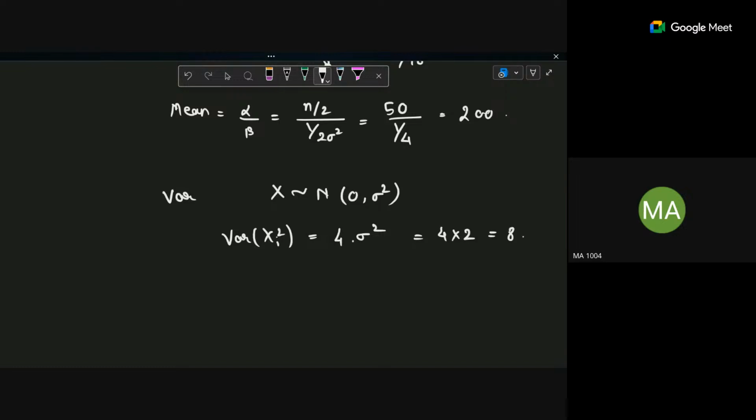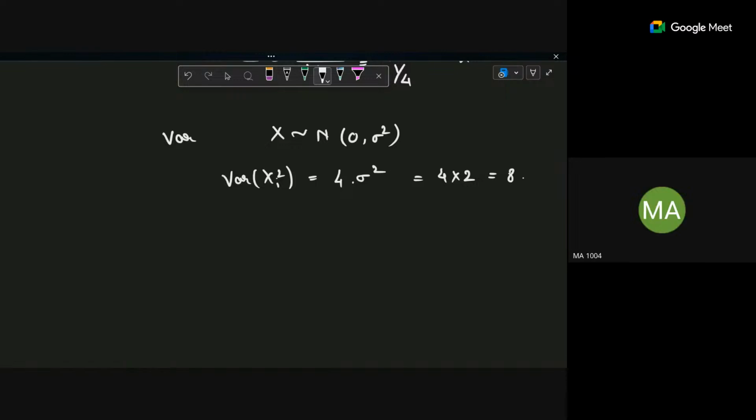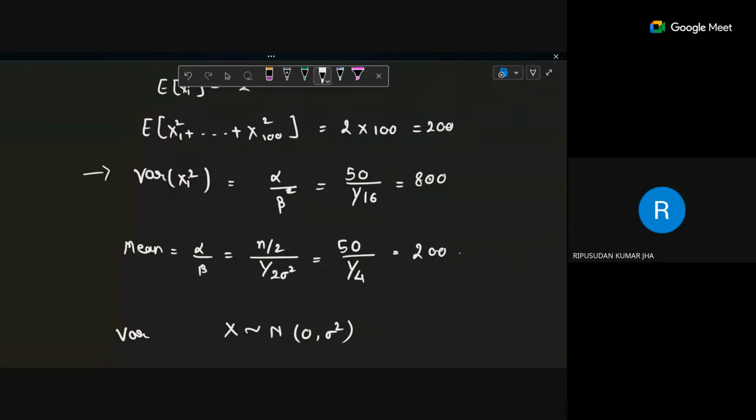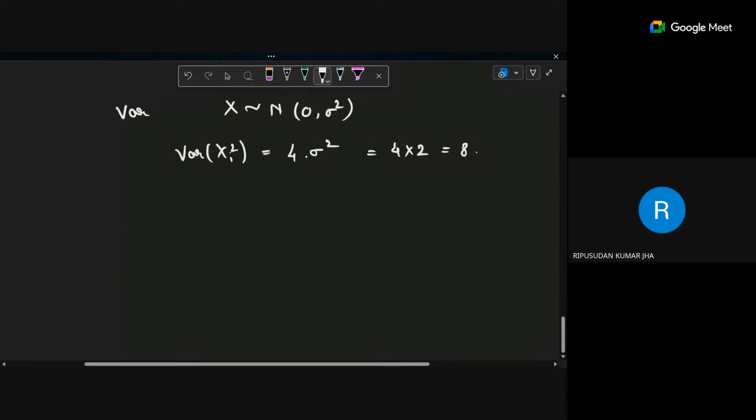Ma'am, why did 4 come out? It follows a chi-square distribution, and from there it came. But I think something is missing here. A property of variance is that if the variance of x is 2, and we want to find the variance of 2x, then it will be 4 into the variance of x.